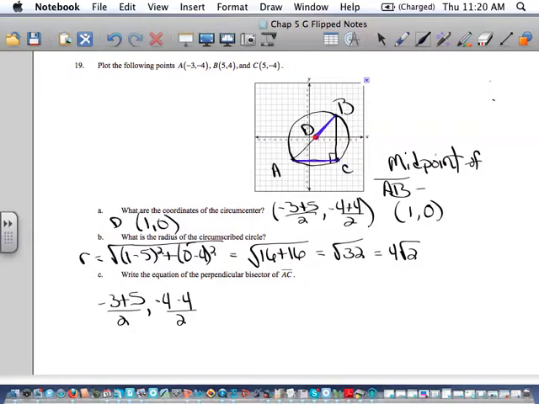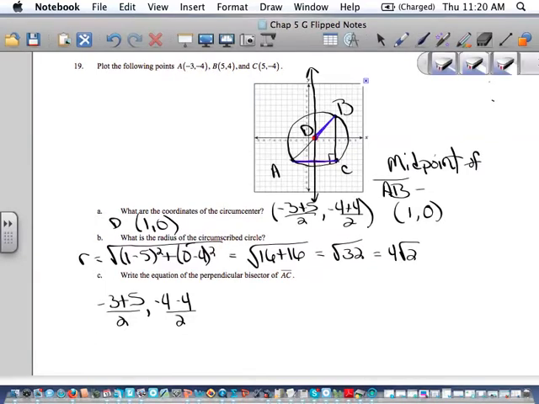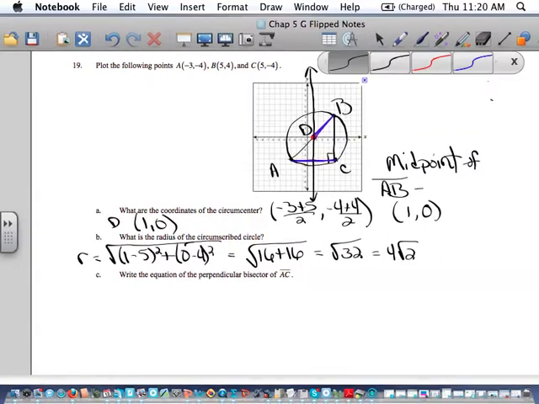It should be the equation of x equals 1 when I'm looking at AC. There shouldn't be any change in the y-coordinate. Should just be at x equals 1 because it's perpendicular to a vertical or a horizontal line. So x equals 1 for letter C.